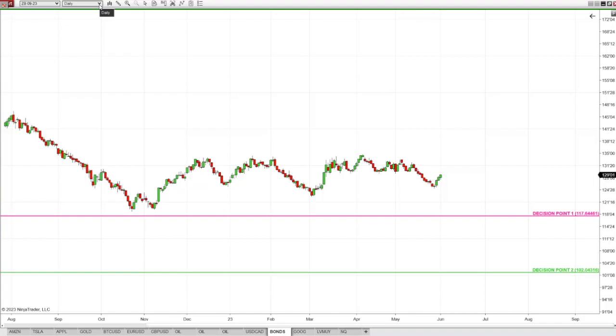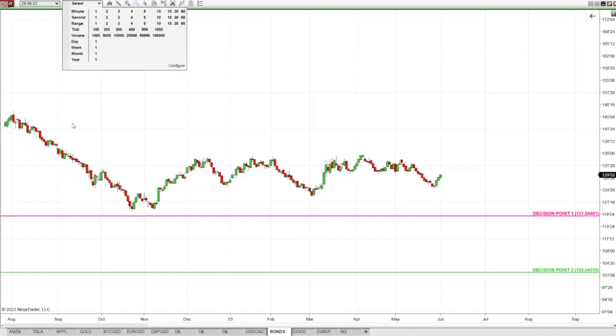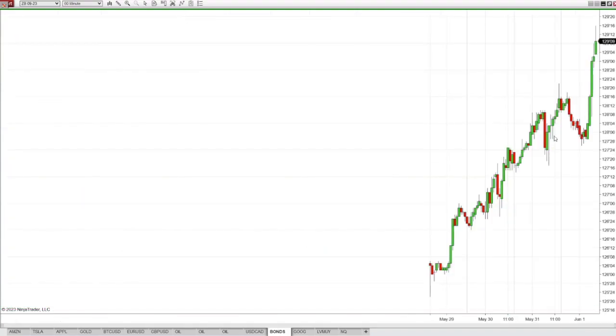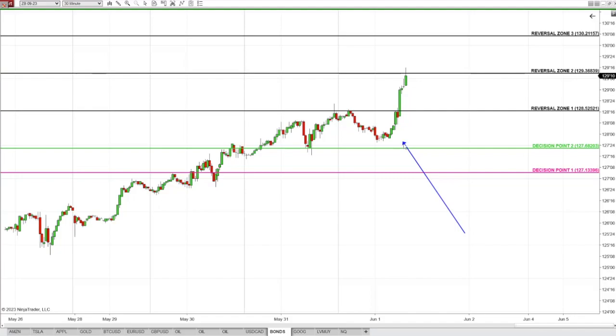So when you trade as an institutional trader does, and you understand the power of the system, it's identical rules. So when you day trade the system on bonds, this is the final entry point at 127.68.